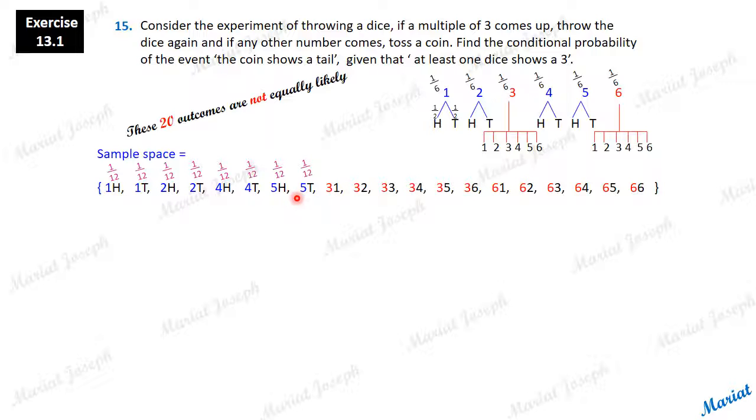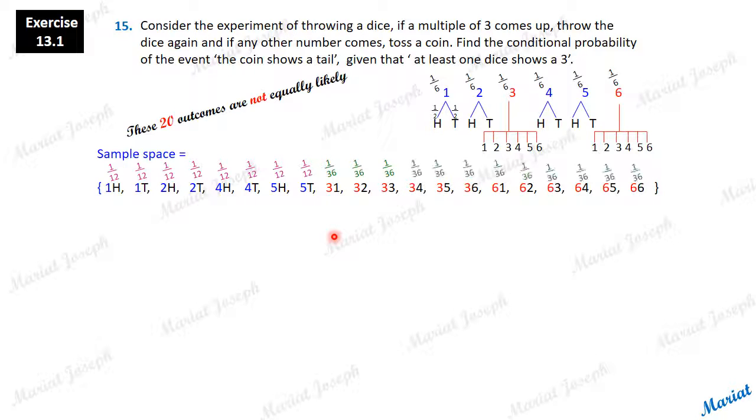Whereas the number 3 also had an equal chance with the others, 1 by 6. But that 1 by 6 gets divided among these 6 outcomes. So each of them gets only 1/6 of this 1 by 6. That means the probability of each 3 outcome will be 1 by 6 of 1 by 6, that is 1 by 36.